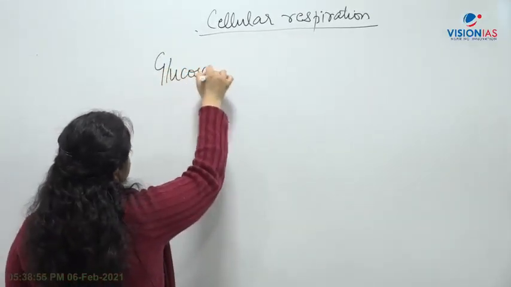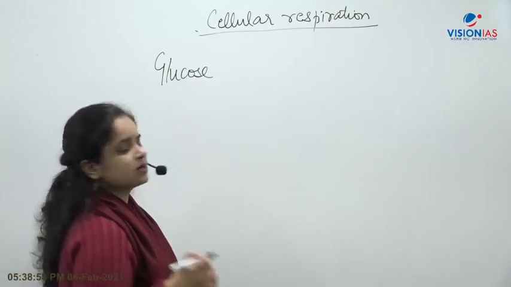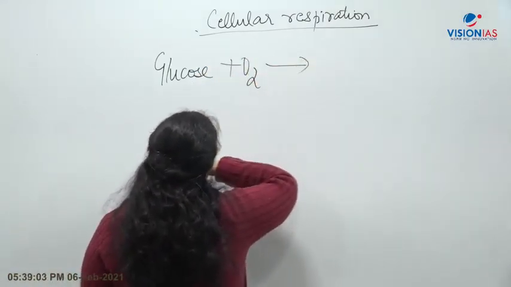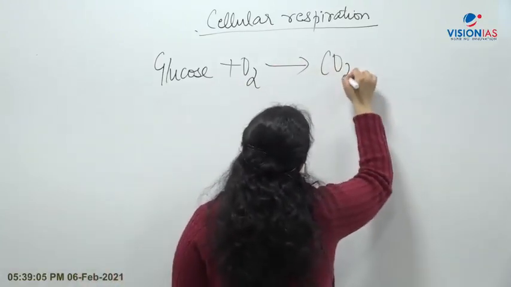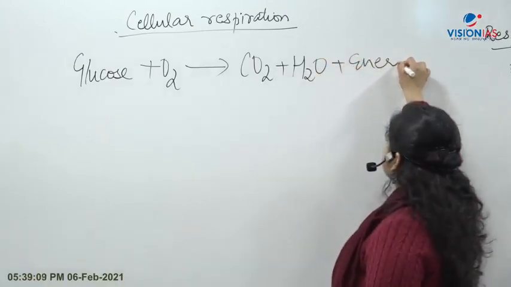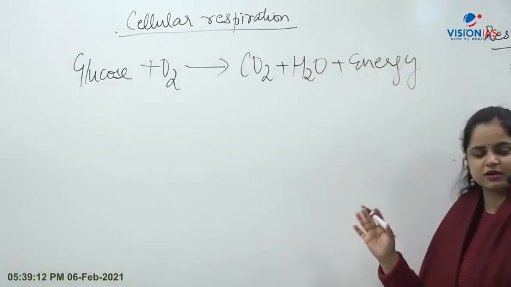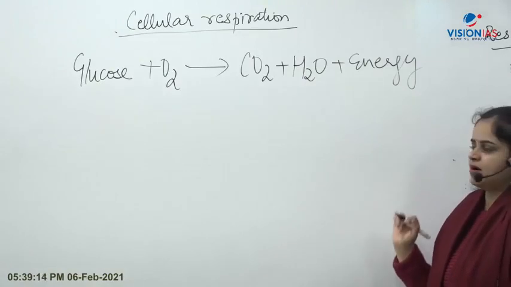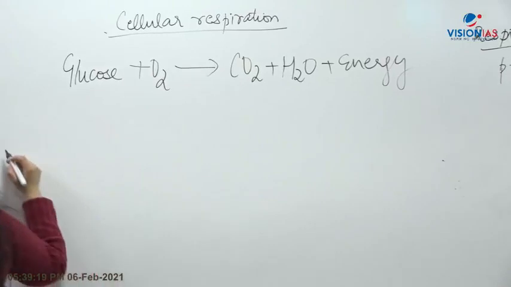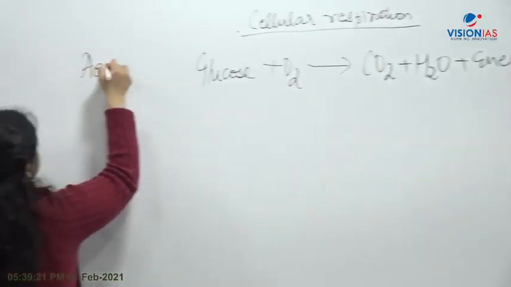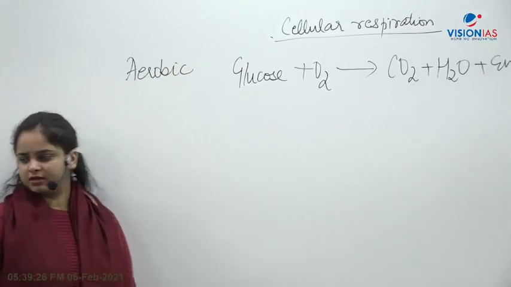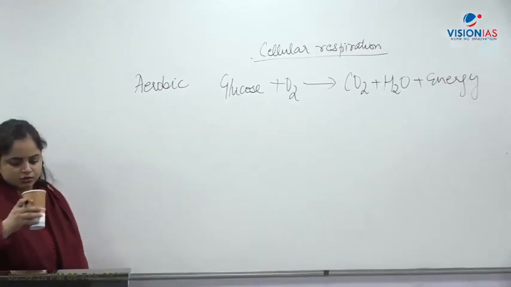So we have glucose. For production of energy, oxygen is needed. This is broken down into carbon dioxide, water, and energy. Now this is not a balanced equation. This is just to give you an idea about how this system works. This kind of respiration in which oxygen is involved is called aerobic respiration. Okay, this is called aerobic respiration.